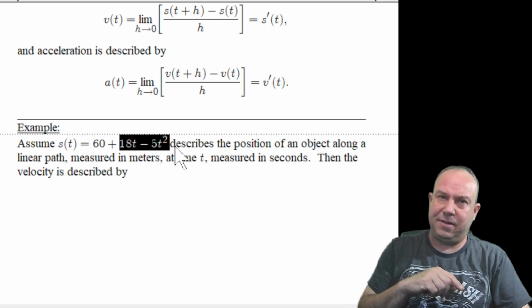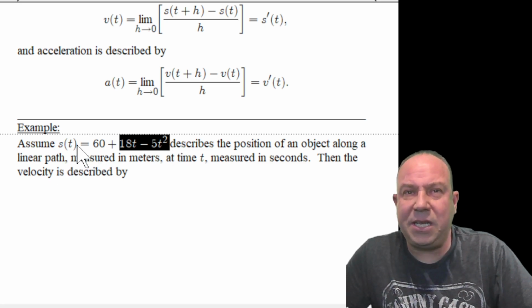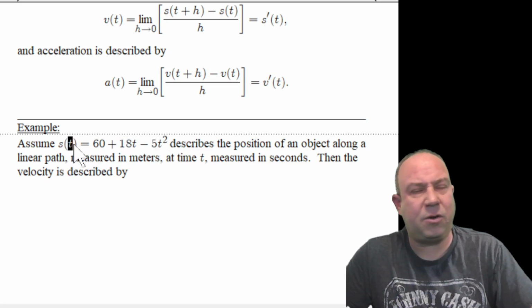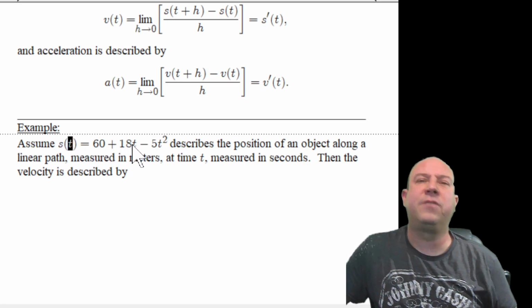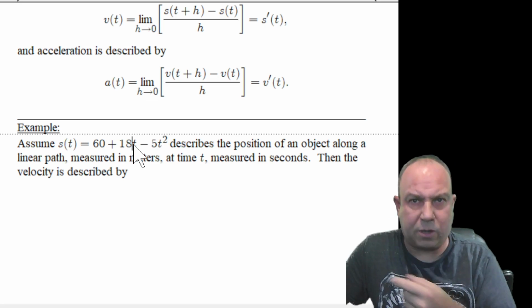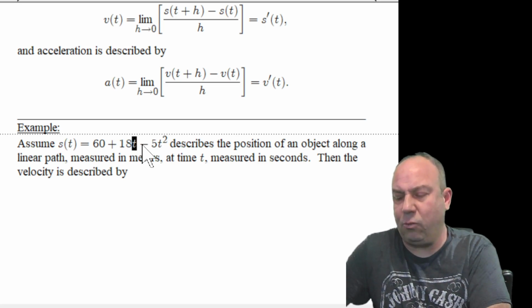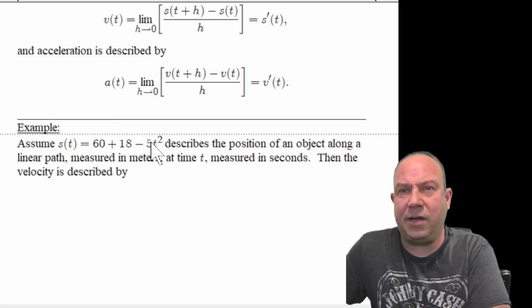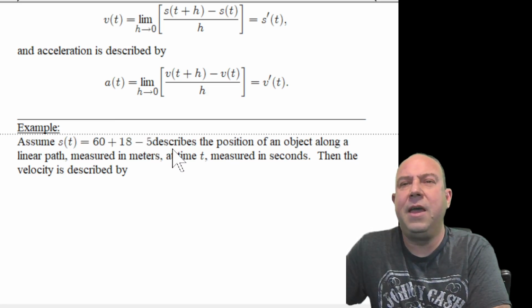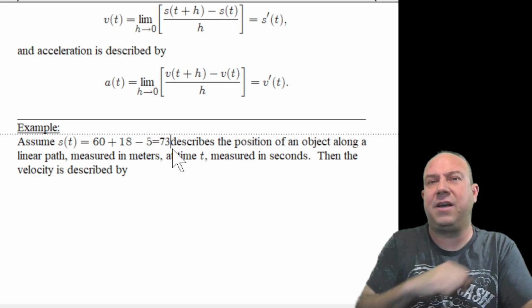If then I move to time t equal to 1 as time elapses over the first second, I will move along that line from 60 towards 73. If I plug in 1 here, I'll get 18, and if I plug in 1 here, I'll get -5. And I'll position myself at 73.